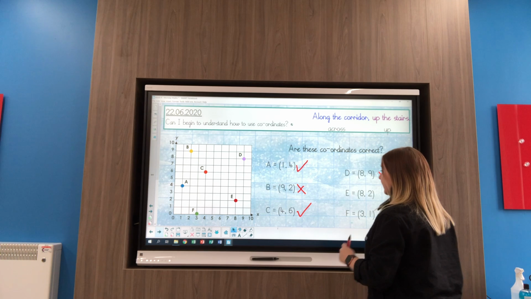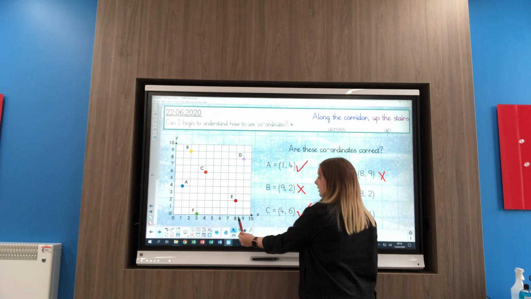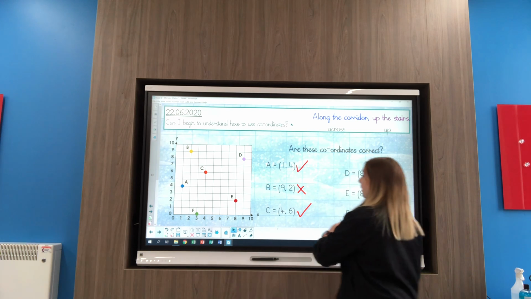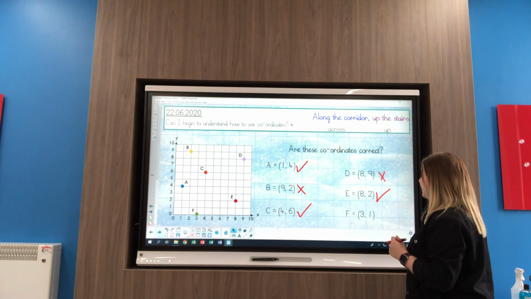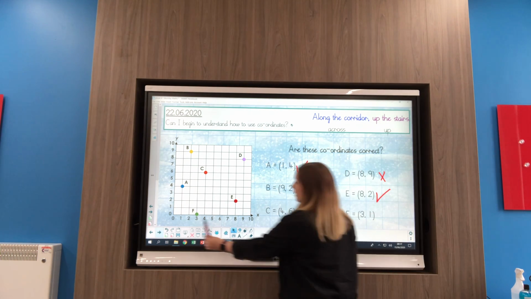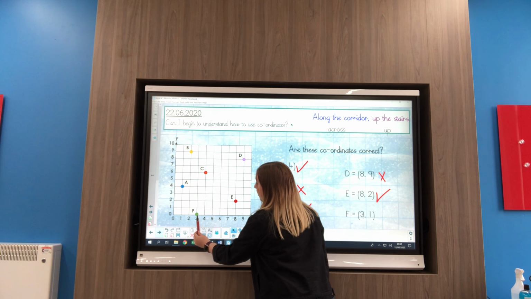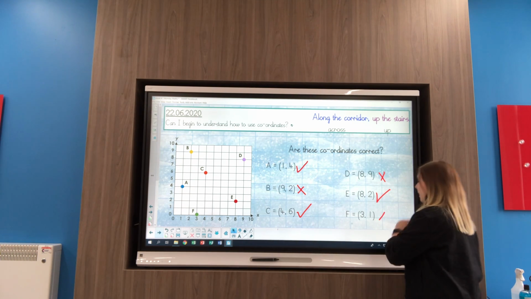E is across 8 and up 2, so let's have a go going across 8 and then up 2. That's where E is, so that one's correct. And then finally F, so we're going to go across 3 and up 1, across 3, oh, but we haven't gone up any, so that one must be incorrect.